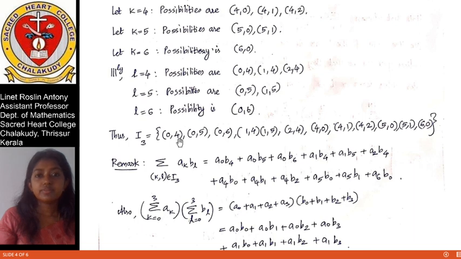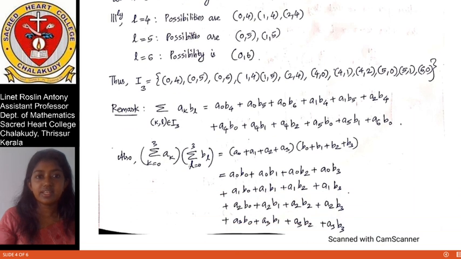Now we have something to analyze, as a remark. We are finding the summation over k, l belonging to I3 of a_k b_l. We have I3 here, and we are adding the corresponding terms by selecting the indices from these ordered pairs.